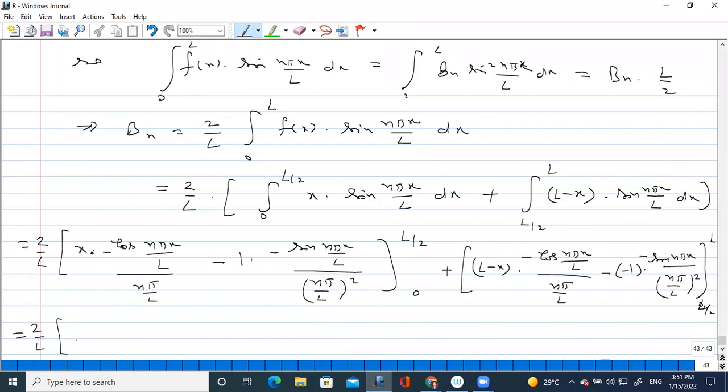2 by L, you put L by 2 here. Once you put L by 2, n pi L by 2, so it will become minus into L by 2 into, this also will go up, it will become L by n pi into cos(n pi by 2).